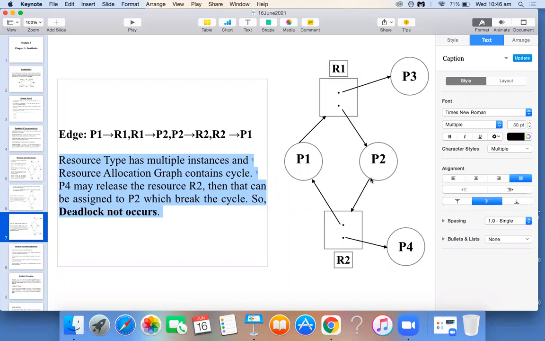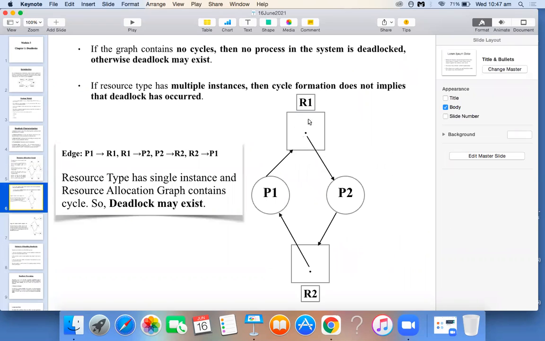So that's how, whenever you have multiple instances of resources, the chances of deadlock will be very much less. But whenever you have single instances of resources, then deadlock will occur in your systems. That's what this indicates.